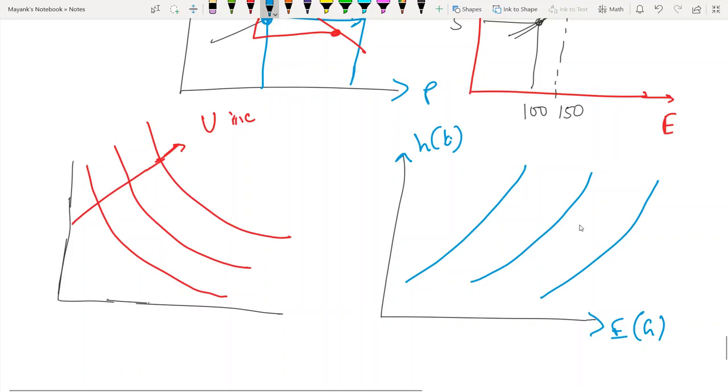Left. So you're saying increasing in this direction. So this is, let's say, utility 50 and this is utility 60. No, for the same hours worked, these two are points on the same hours worked. So on the same hours worked, more earnings means higher utility. So utility has to be increasing in this direction.